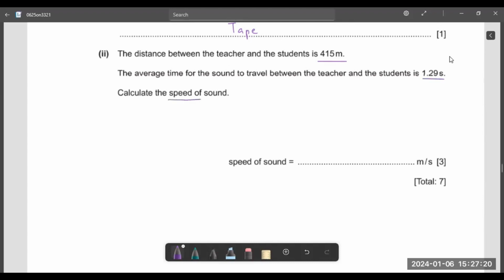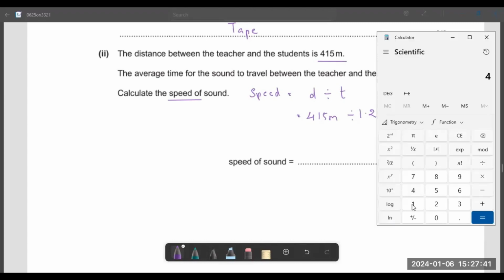So we need to calculate the speed of sound. Speed is equal to distance divided by time. Here the distance is given as 415 meters, divided by the time of 1.29 seconds. 415 divided by 1.29 is 321.7.